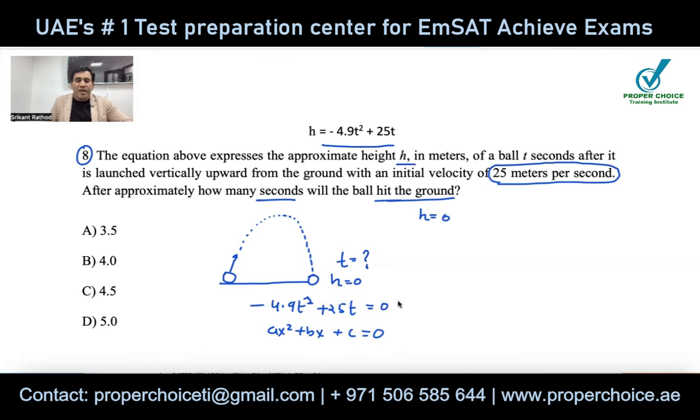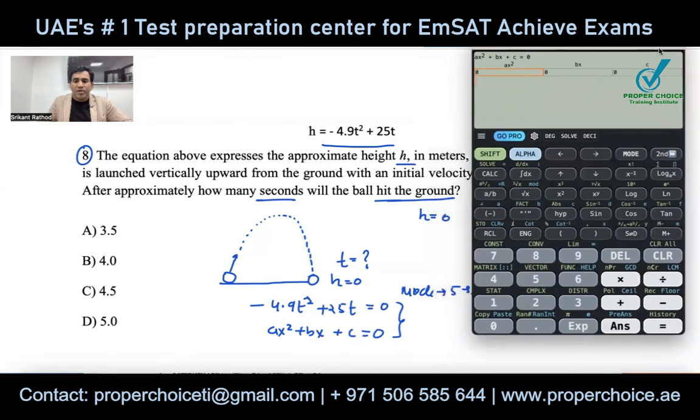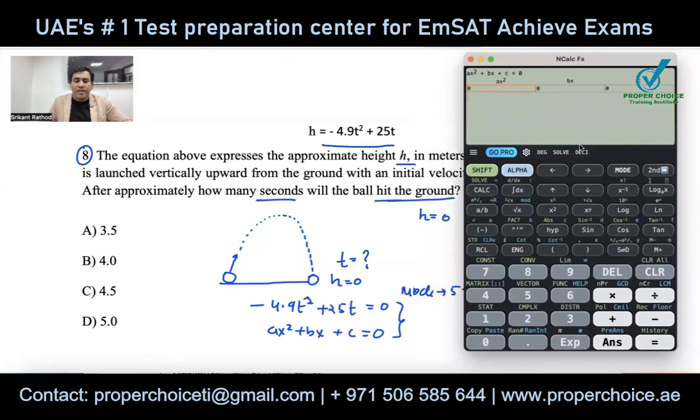So I just need to use a calculator in mode 5 3. Take the help of the calculator, put these values, and you get the answer. Just type this equation carefully and see what you get. Mode 5 3.